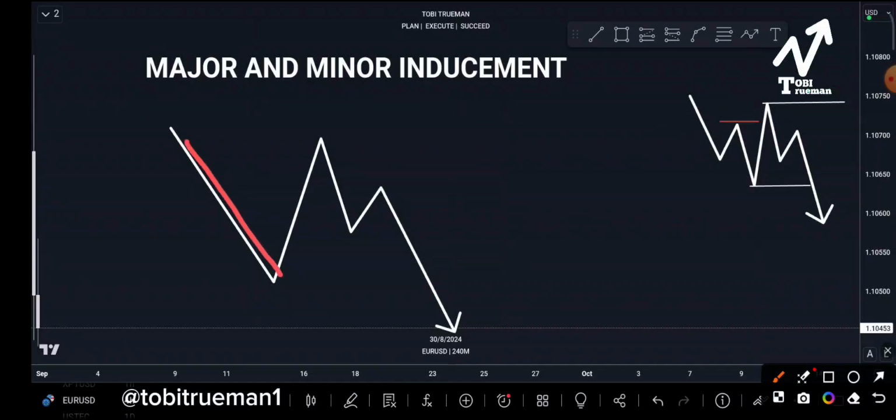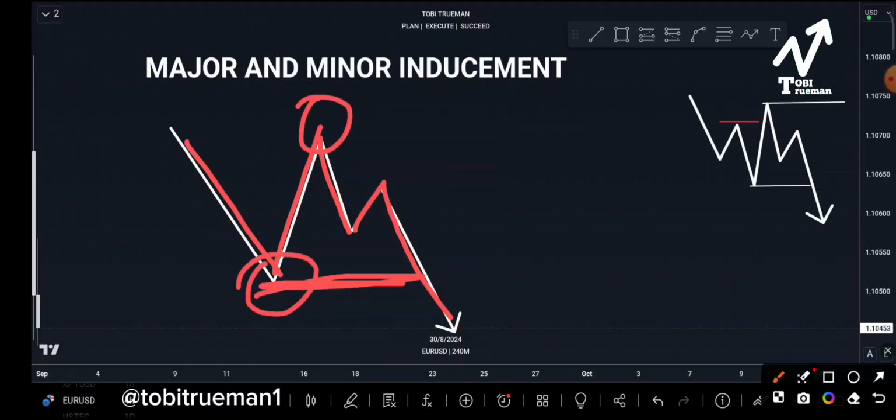Okay, so sometimes price can give us a scenario where this is the pullback, but when price is making this pullback, price has given us this minor pullback also before it now takes out this low point. Then this is our low, this is our high, right? There are some times when price will take out an inducement.